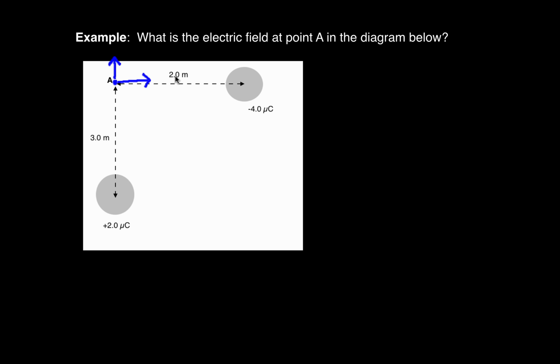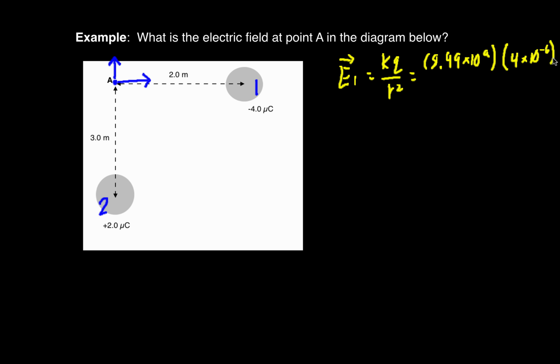I'm going to number our two charges, charge 1 and charge 2, to make our math a little bit simpler to write out. We'll start by calculating the electric field due to the first charge. We'll call this E1. This is kq over r squared, which is 8.99 times 10 to the 9 times the magnitude of the charge. This is 4 microcoulombs, which is 4 times 10 to the negative 6 coulombs.